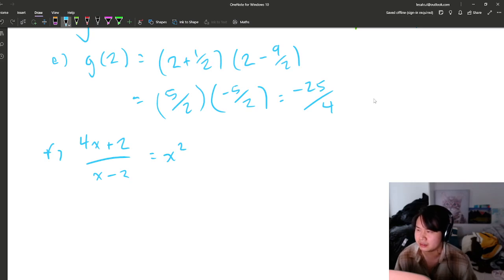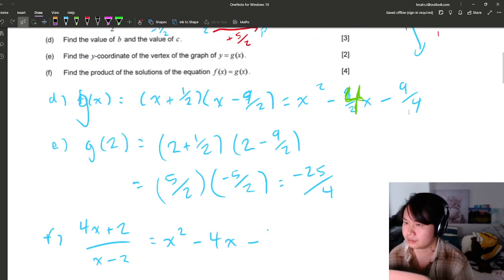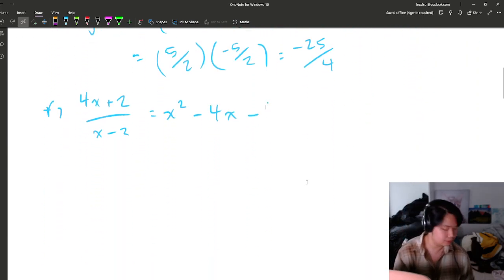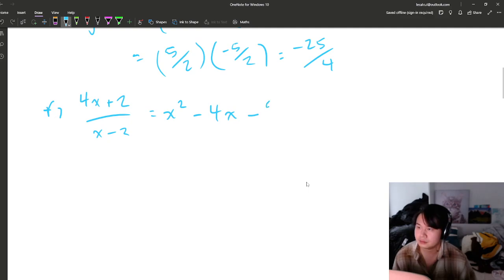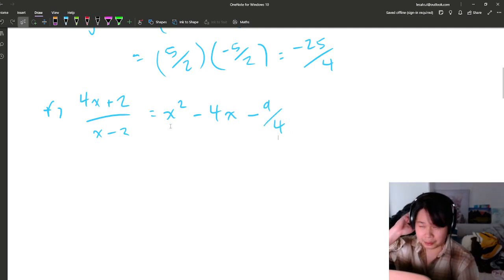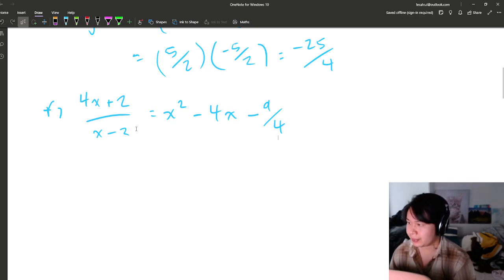Ah, okay, I think I see where they're going with this. Nine over 4. Okay, this has solutions. It has probably 3 solutions. What we're going to do is manipulate this into just a regular looking polynomial.